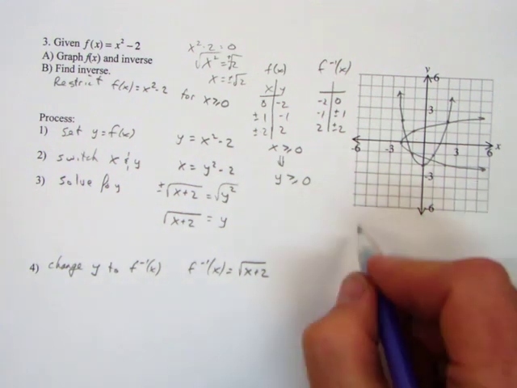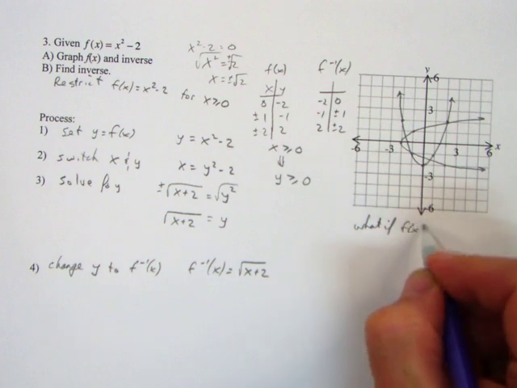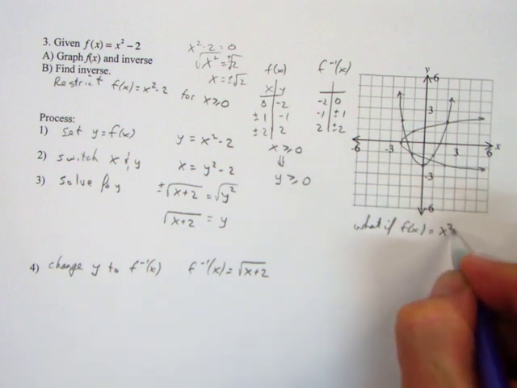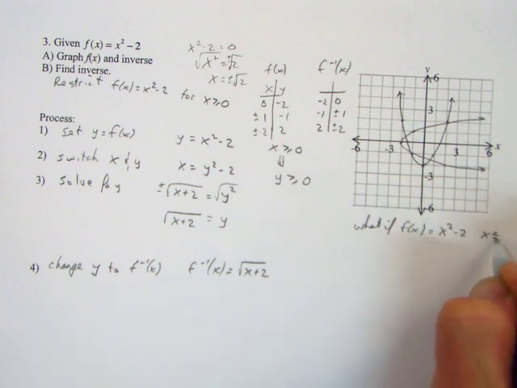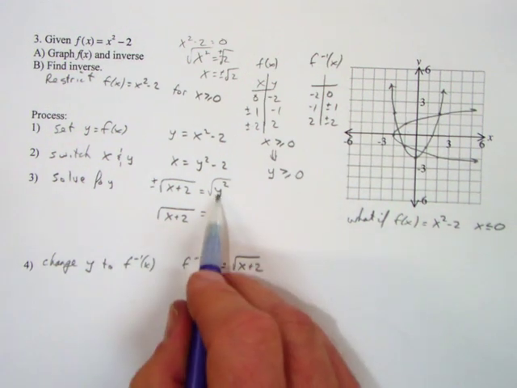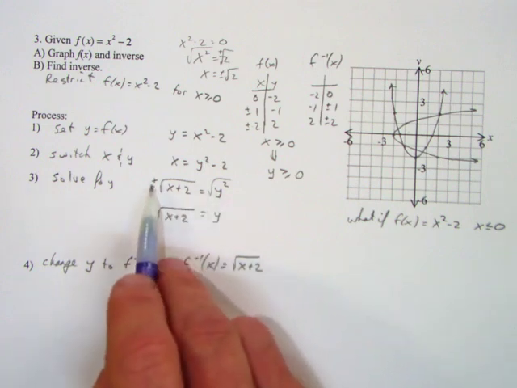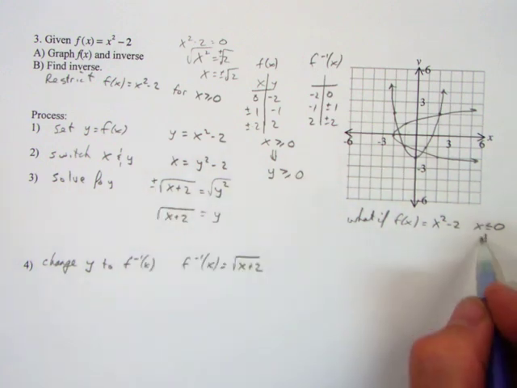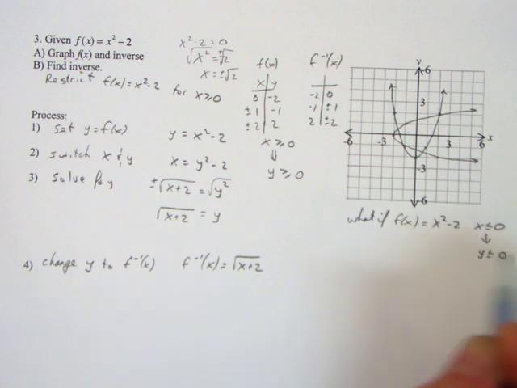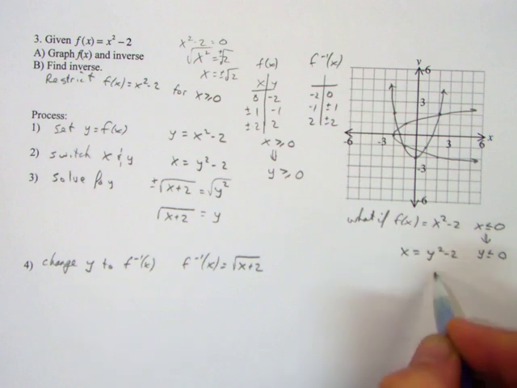Now let's take a quick look. What if it was f of x equals x squared minus 2 for x less than or equal to 0? When I get down to this stage here, instead of taking the positive, this would force my y values to be less than or equal to 0 when I write x equals y squared minus 2.